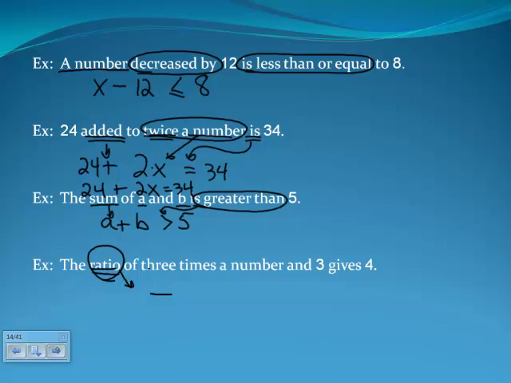We're dividing 3 times a number. Times means multiplication. 3 times means 3 times. 3 times what? A number, that's our variable. So the ratio of 3 times a number, that would be 3x, and 3, so that's our denominator, gives. Gives is a key word for equals. Gives what? It gives 4. 3x divided by 3 equals 4.